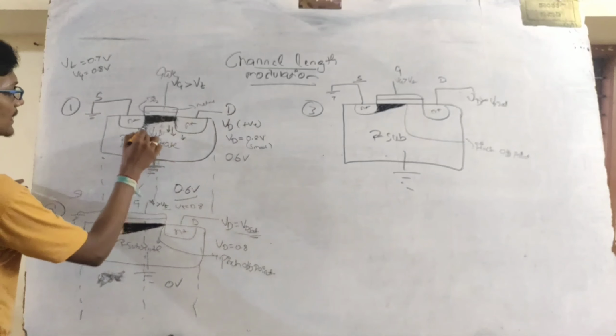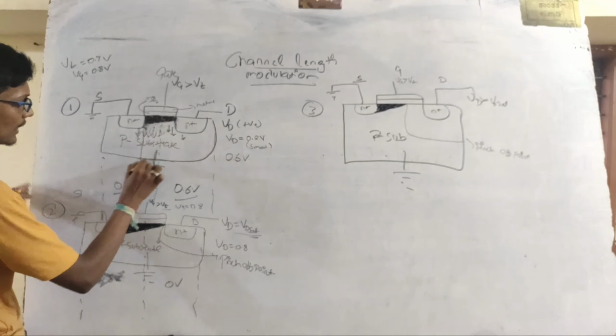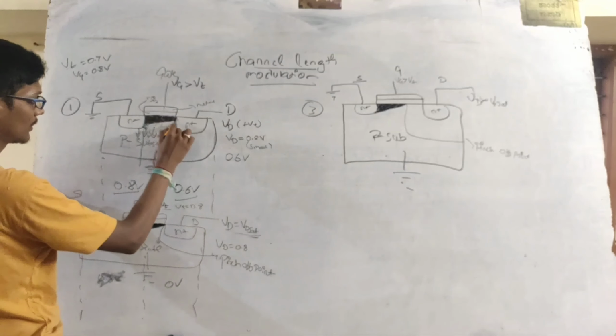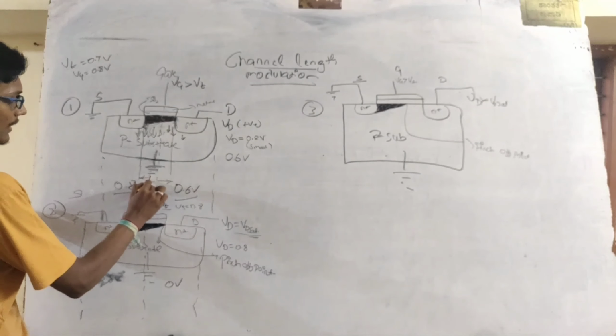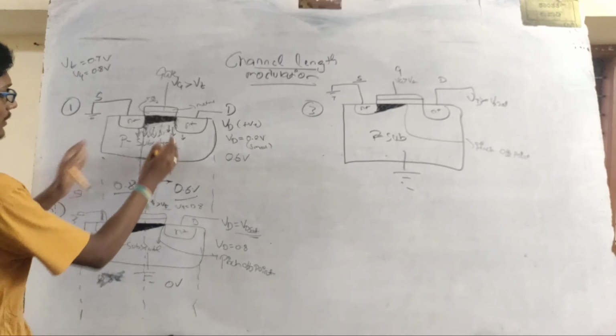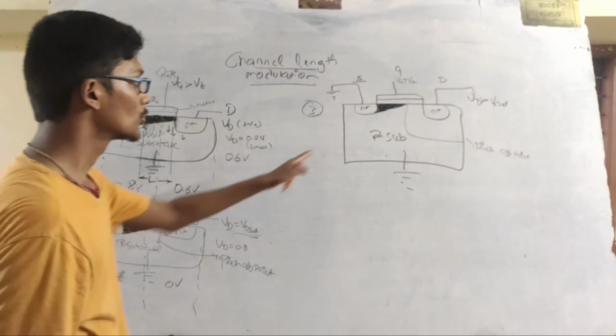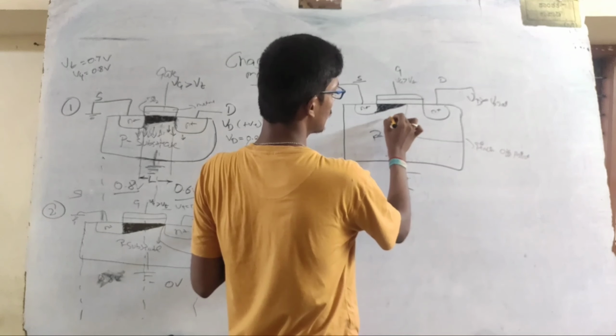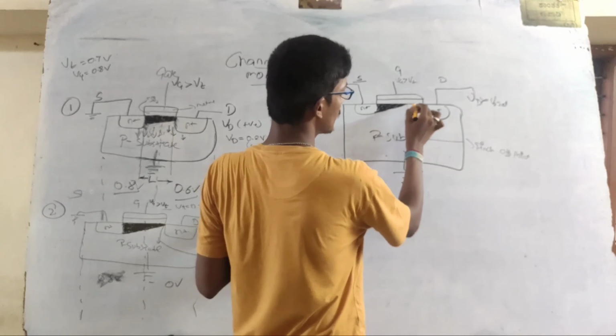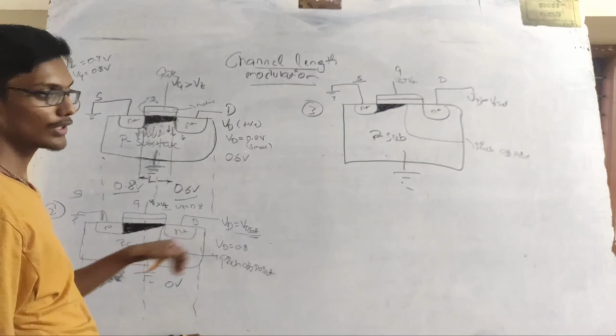Okay, fine. Let's consider this channel length as L. So we'll take L as the length of the channel, the whole length. Okay, fine. So here what happens is, there is a pinch off point shift towards the left side.